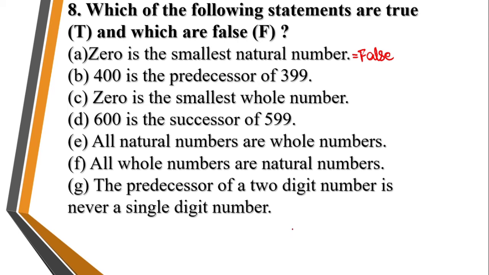So if we do 399 minus 1 and get 400, then 400 is the predecessor of 399. But if we don't get it, it's the wrong answer, right? Now let's do it. 399 minus 1.